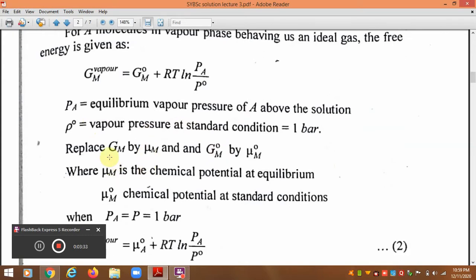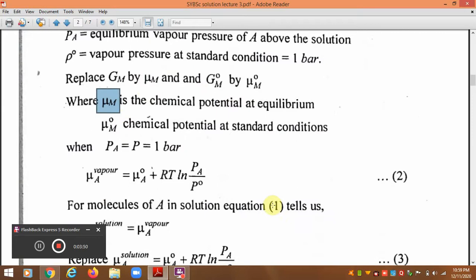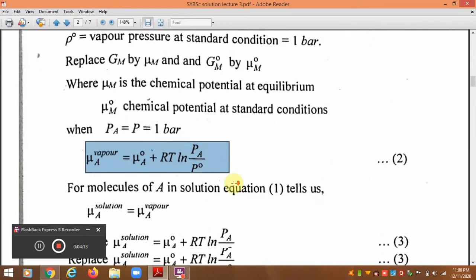Whenever we replace the Gibbs free energy Gm by chemical potential mu m and G0m by mu 0m, these are the chemical potentials at equilibrium and at standard condition, and P0 is equal to 1 bar, then we get the equation: the chemical potential of molecule A in vapor phase equals the chemical potential of A at standard condition plus RT ln of PA upon P0, the equilibrium vapor pressure of A above the solution divided by the vapor pressure of A at standard condition.